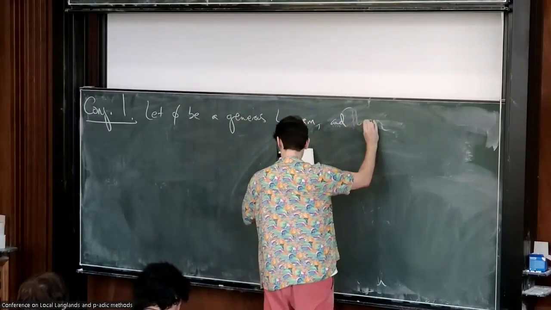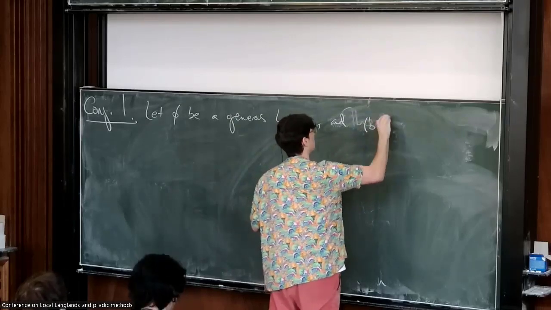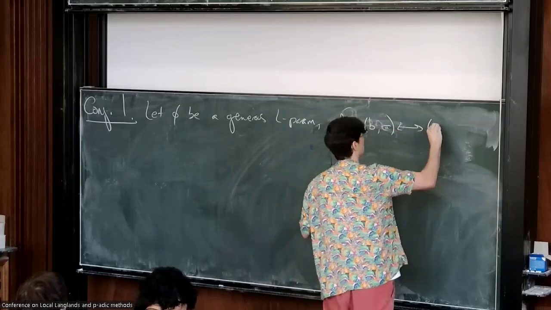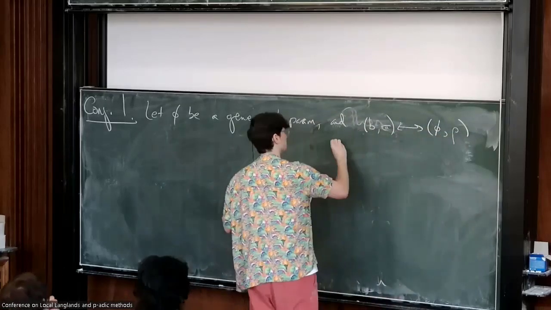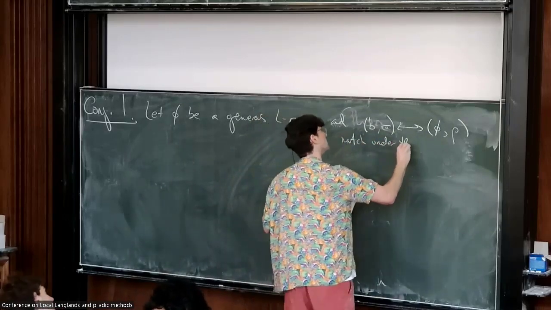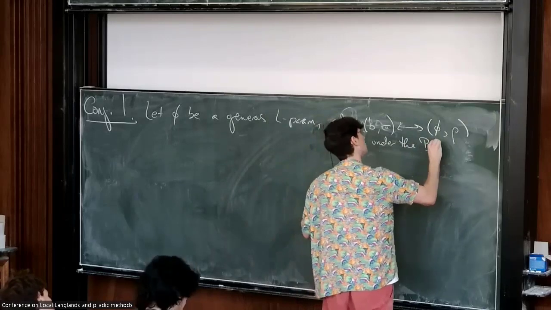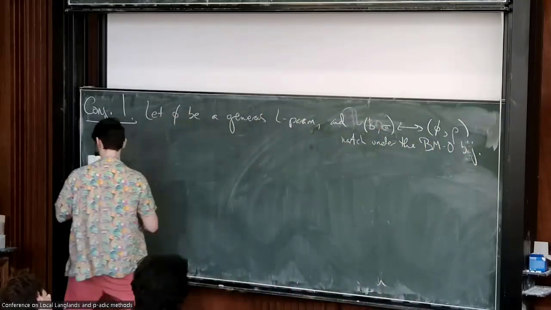And suppose I also pick some pair (b, pi) which matches a pair where I have my specific phi, and then I pick a rho. And suppose these match under this bijection.